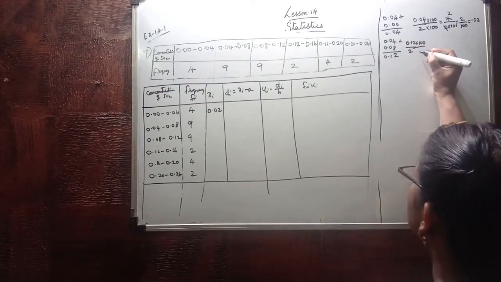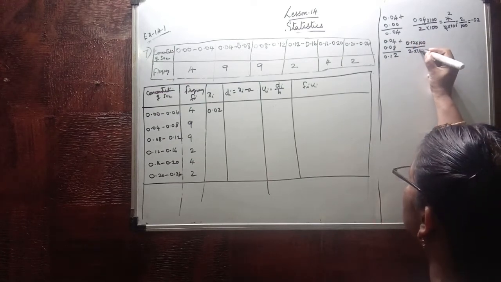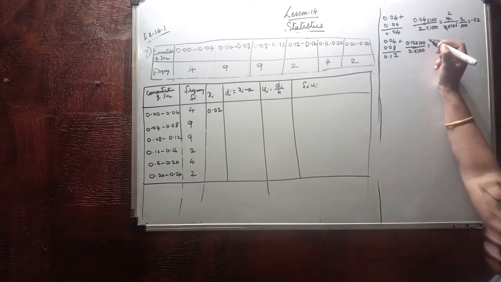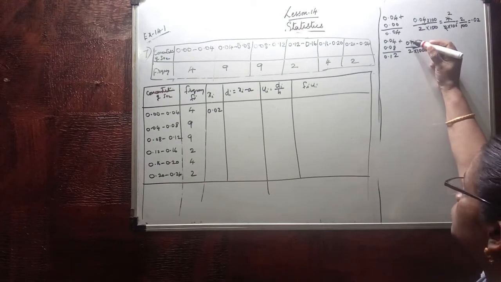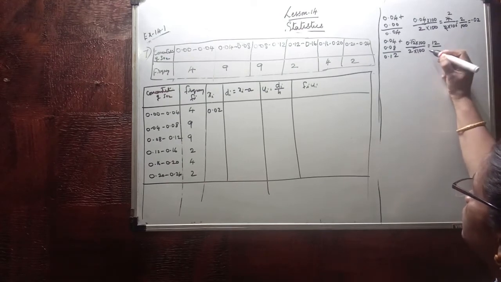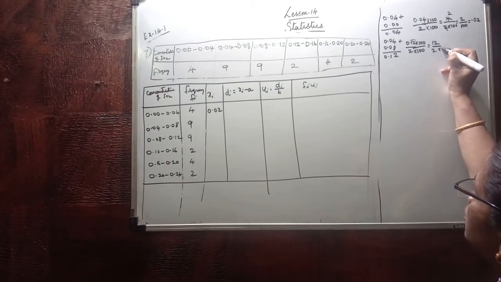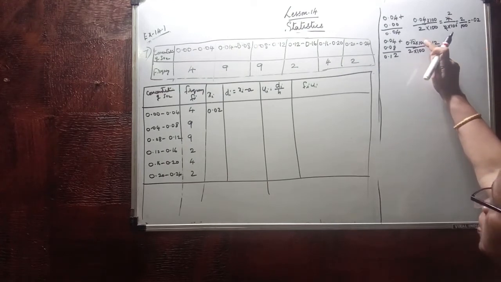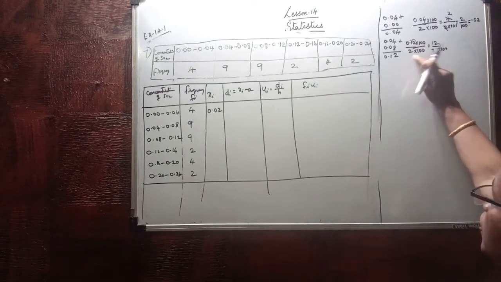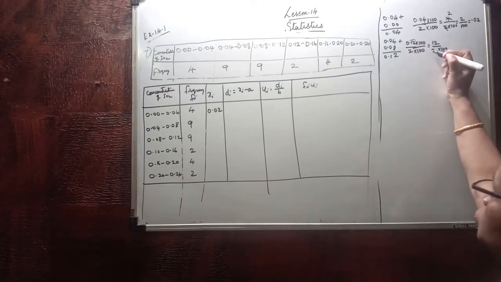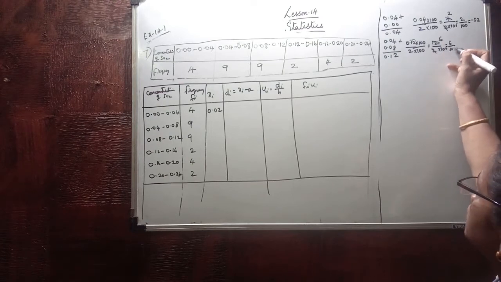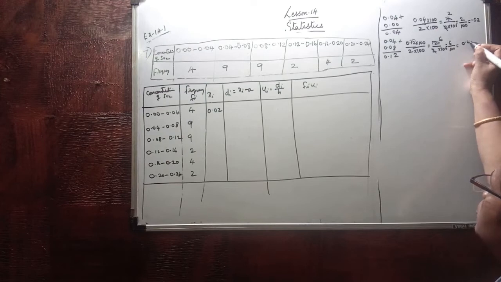So into 100, and the denominator also into 100. So 12 by 2 into 100, and with this 100 only we are taking 12 here. Here we did not do anything with 100. So 12 by 2 is 6, and 6 by 100 means it is 0.06.